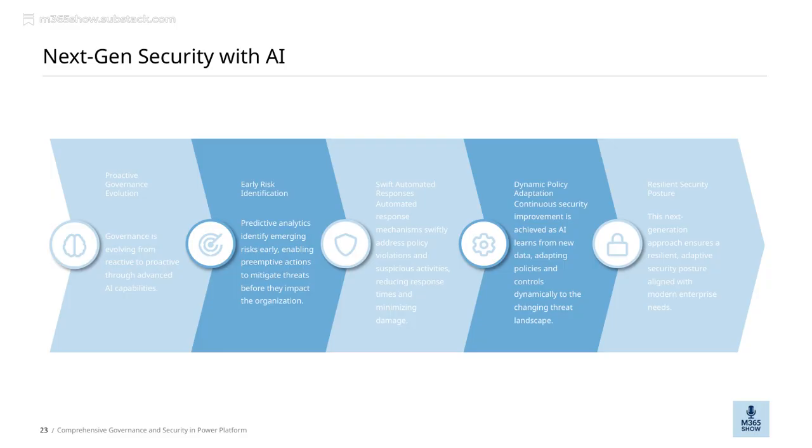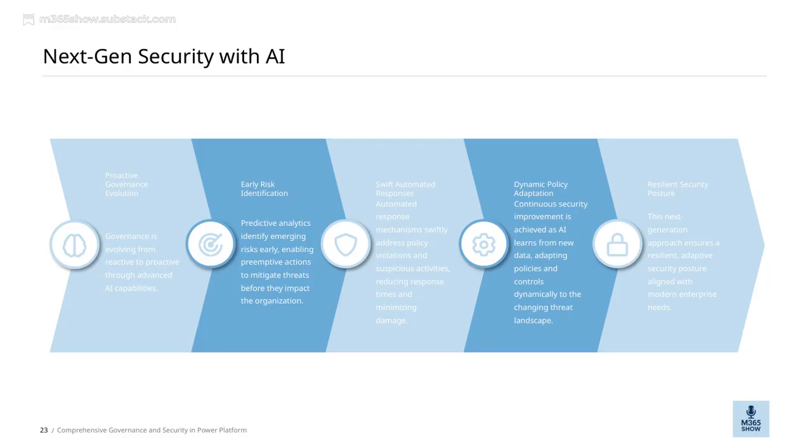Automated response mechanisms play a crucial role here. When suspicious activities or policy violations are detected, these systems act swiftly to address issues, reducing response times and minimizing potential damage. Predictive analytics further enhance our security by identifying emerging risks early on.